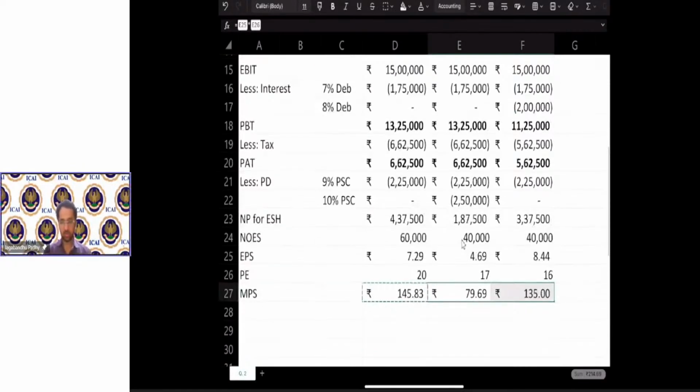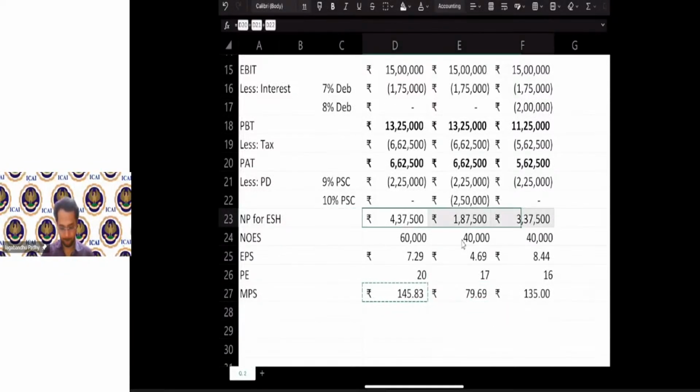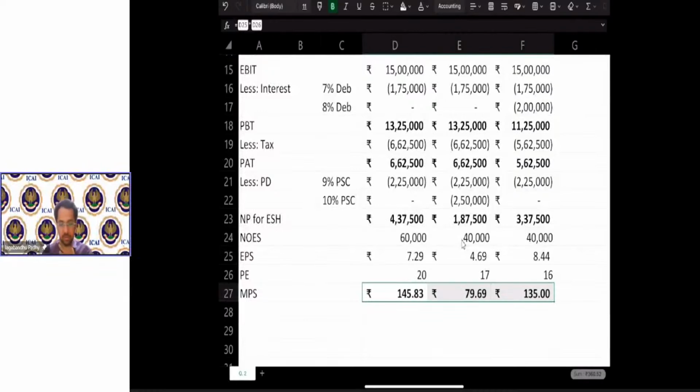So that's your market price per share. And here we have the market price per share as 145.83, 79.69, and 135.0.